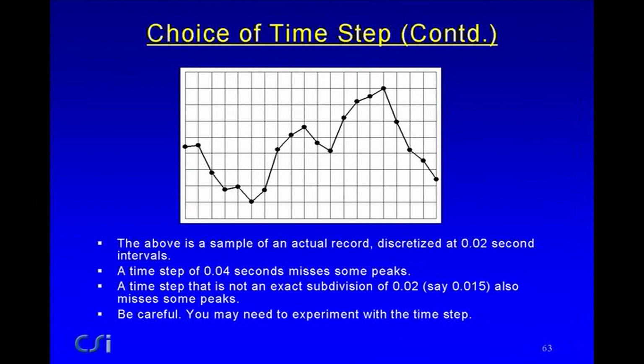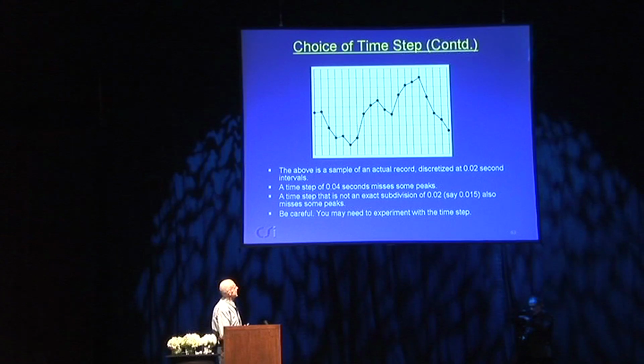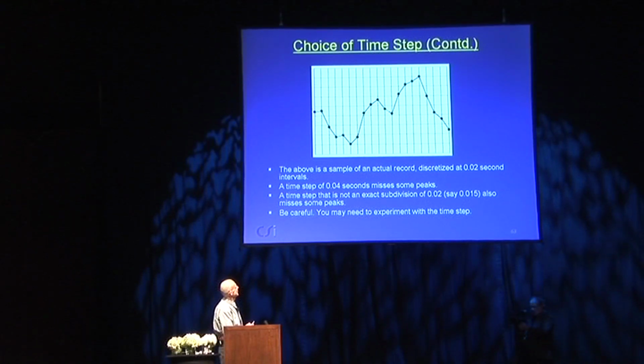This is just a segment of a ground accelerogram, just for a few 0.02 second intervals. It's an actual record. So if you were to choose a time step of 0.02 seconds, you would be using these points. But if you used 0.04 seconds, you'd be using this point, and this point, and this point, and so on.